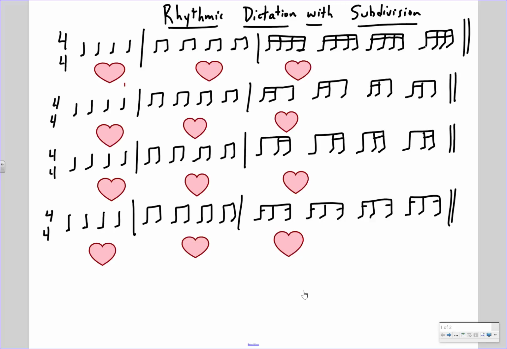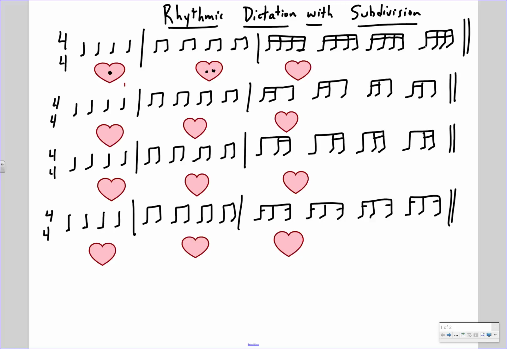So in the first measure, if I heard 4 quarter notes, inside each heart would just simply go a dot like that. If I heard in the second measure all eighth notes, then inside each heart I would just simply go dot dot for my division.